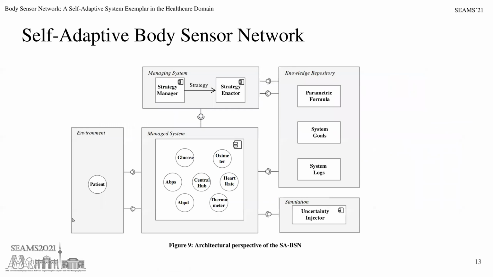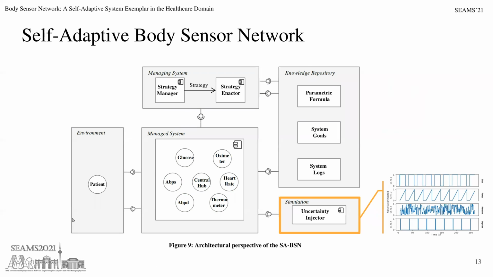To summarize, we offer a file-based custom patient component for generating vital signs, 6 customizable sensors for collecting vital signs data and a central hub, an uncertainty injector with the capability of disturbing the system using 4 types of curves, with which we could illustrate the simulation of 3 uncertainty scenarios and can be extended for many more.